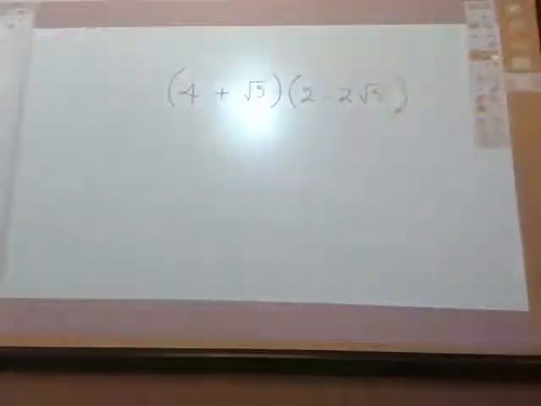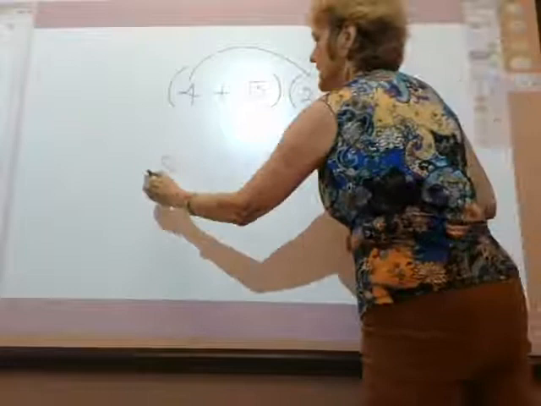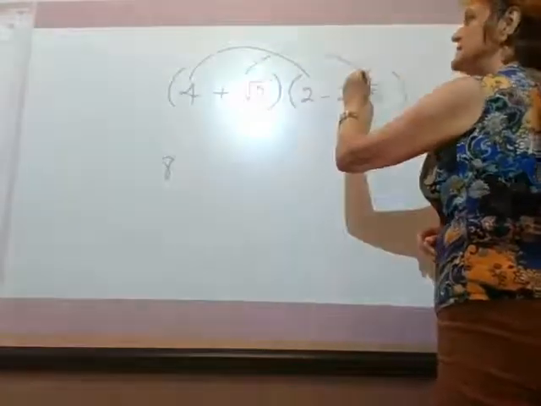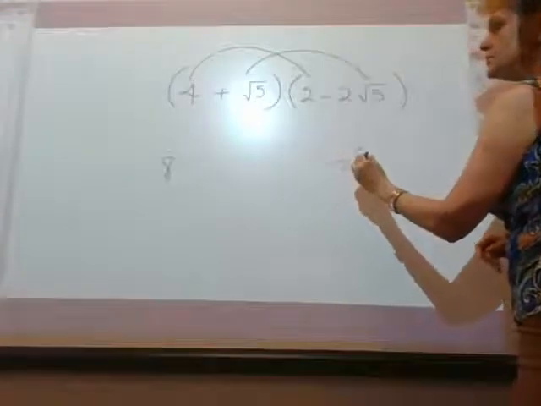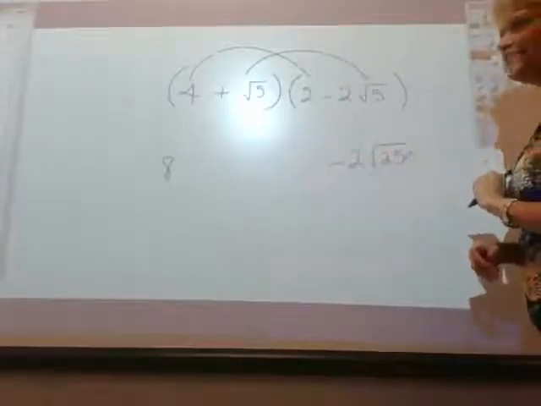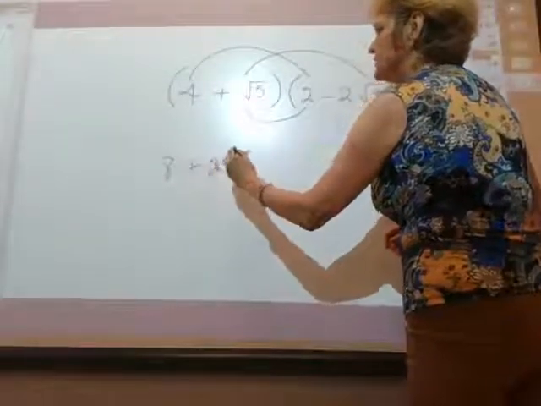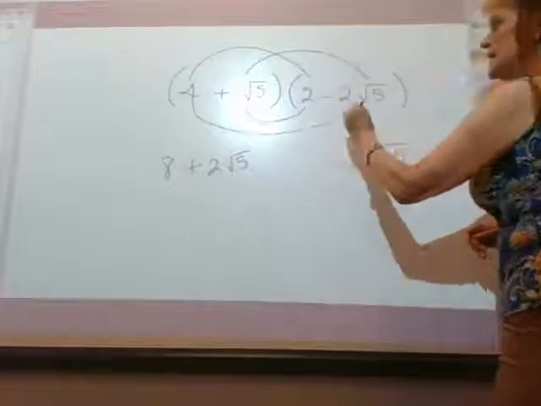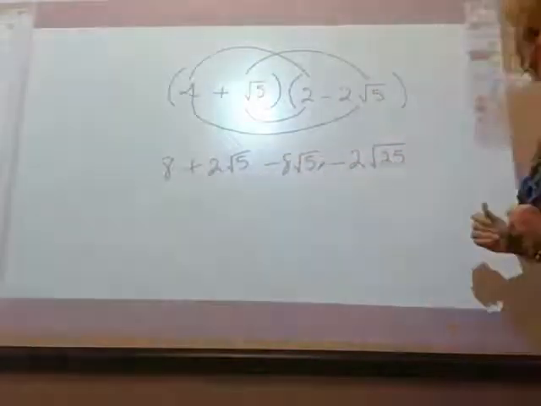Okay, so let's do FOIL, all right? So 4 times 2 is 8. Last times last, okay, that's going to be a negative 2 radical 25, right? Okay, inside product, 2 radical 5, outside product, negative 8 radical 5.